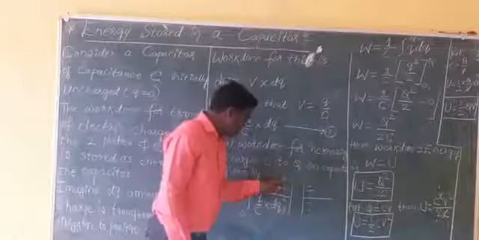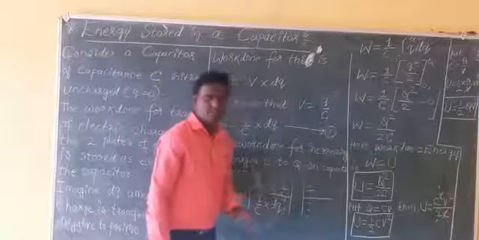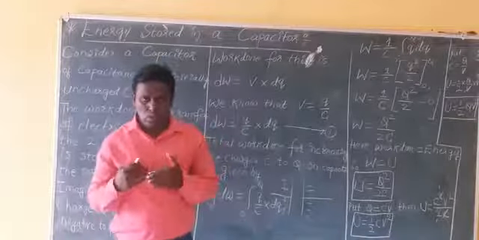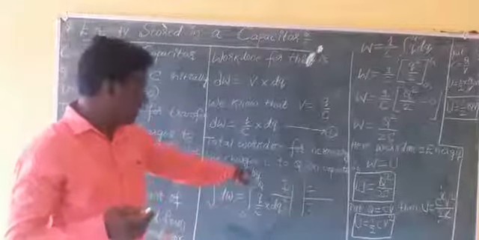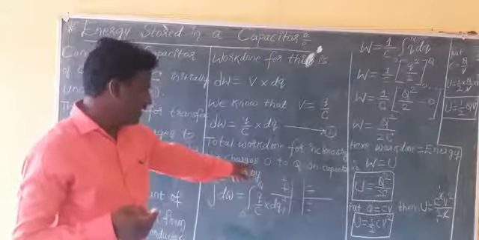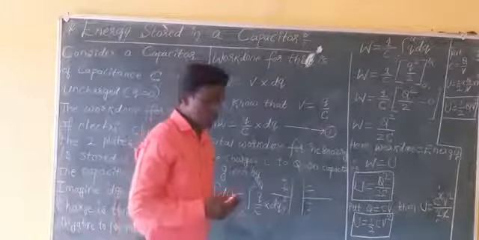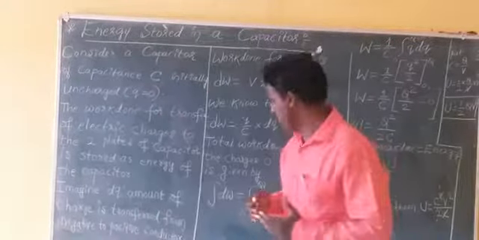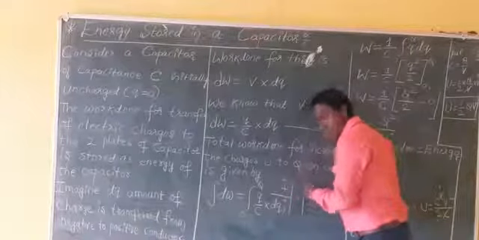I can remove the positive charges from the positive plate and add those positive charges to the negative plate, and remove negative charges from the negative plate and add those negative charges to the positive plate. See what the difficulties are when I remove positive charges from the positive plate.